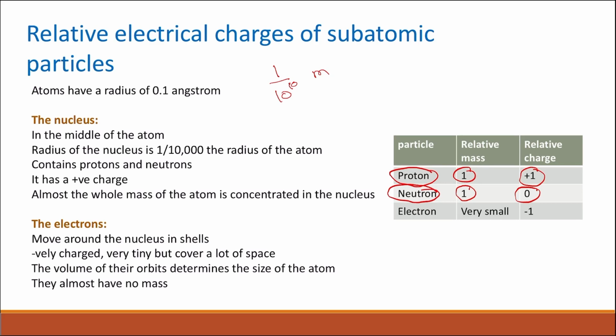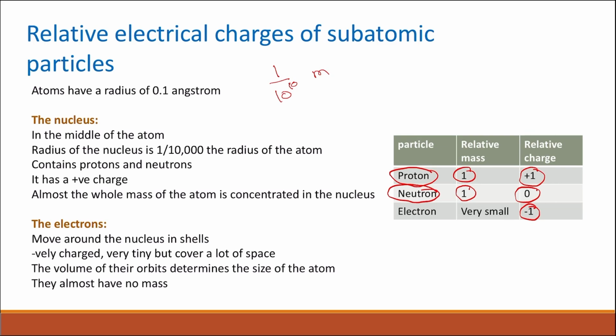The electrons move around the nucleus in shells, which are the energy levels. The electrons are negatively charged. The charge of the electrons is -1, so each electron has a -1 charge. The relative mass of the electrons is very, very small, so it is almost or absolutely neglected when we calculate the mass of the atom.